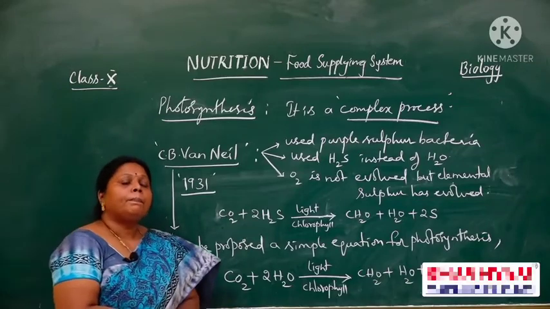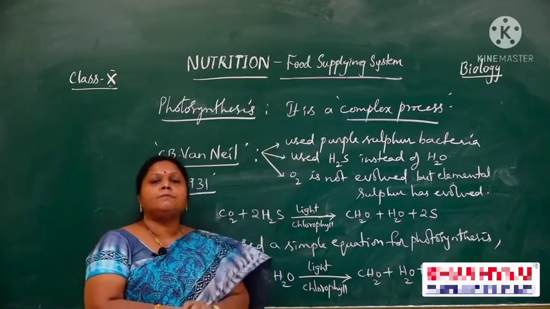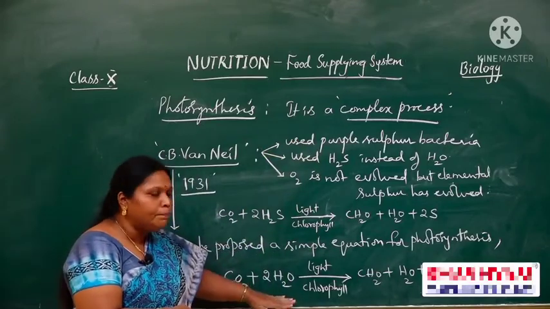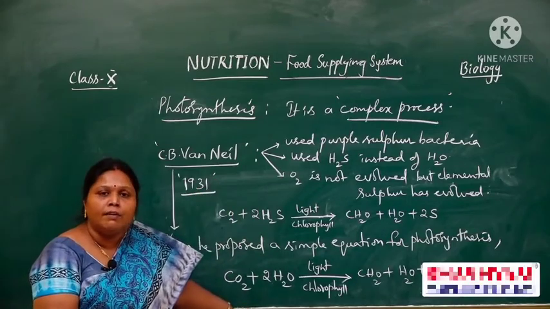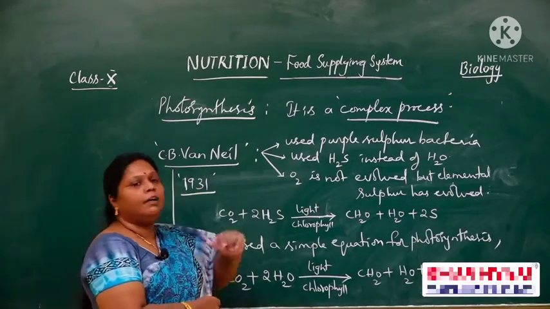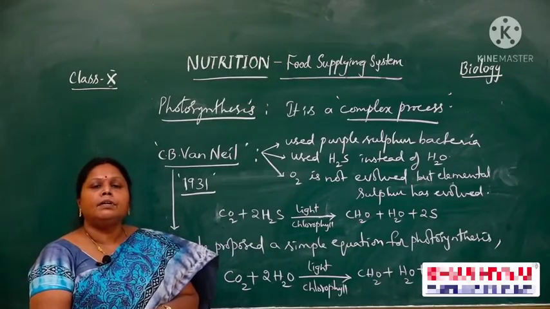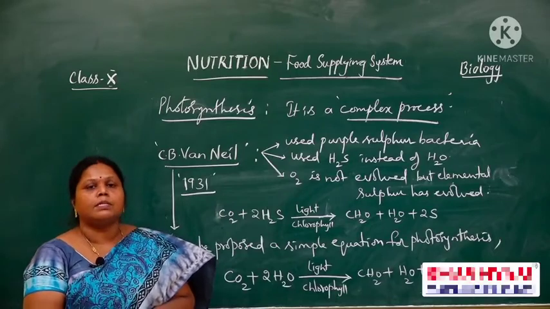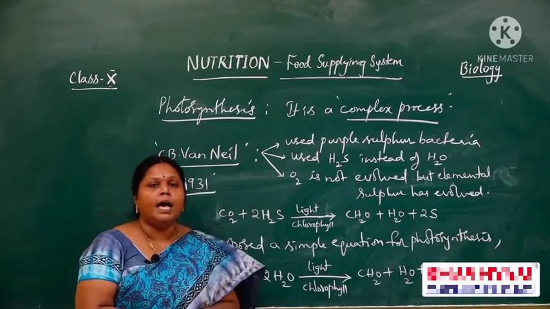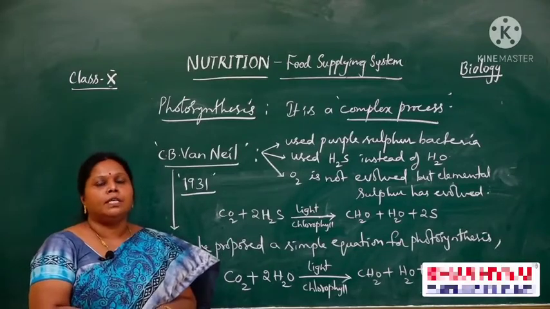But as I told you, photosynthesis is a complex process, and this simple equation which was given by Niel does not reflect the complexity of the photosynthesis process. So, scientists have undergone a number of experiments to understand this process, and now we have a modified and balanced equation for photosynthesis.